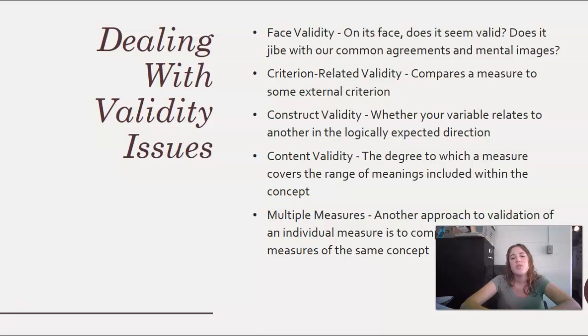So when it comes to multiple measures, another approach to validation of an individual measure is to compare it with alternative measures of the same concept. So for example, if we are asking a self-report survey and we're asking people to report how many times they've been arrested, we can then take their self-report and compare it to actual arrest records that we have to see how accurate they are.